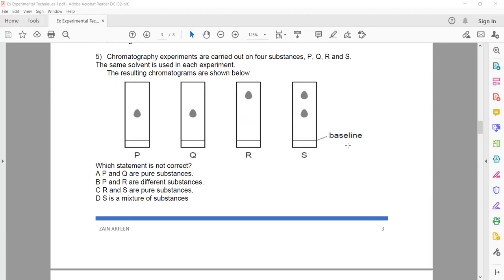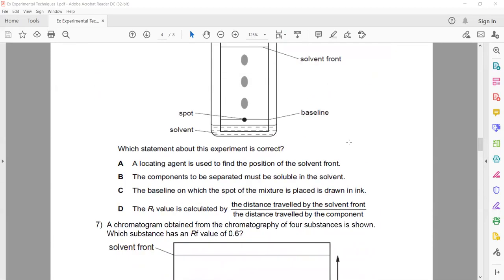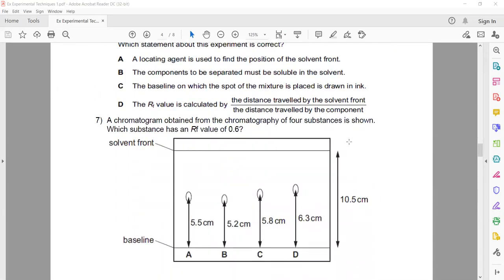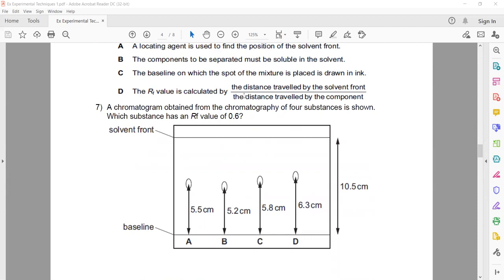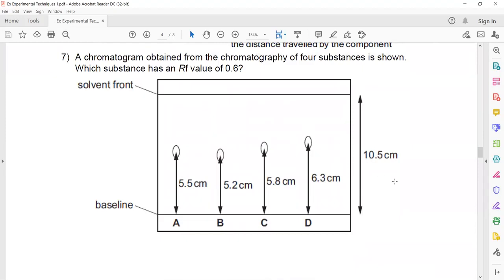But right now in O levels, you consider that the one which is more soluble will rise to a greater height. There are more details, but in O levels you are only taking one part of that. So whenever you answer which spot rises to a greater height, always consider that the more soluble one rises higher. Clear?